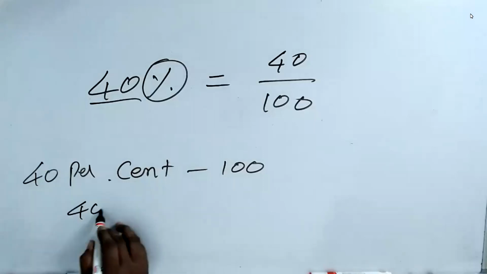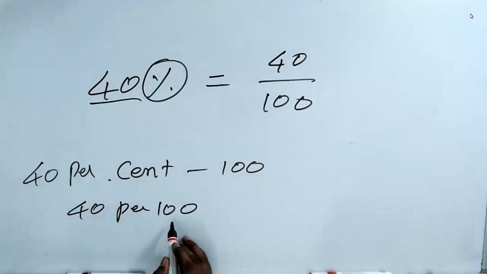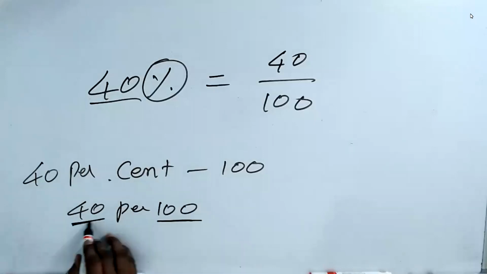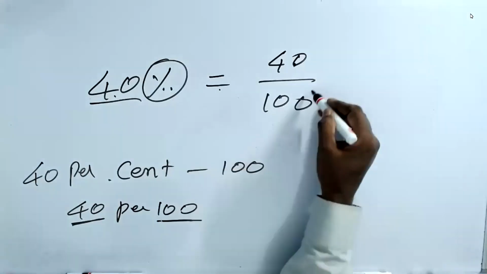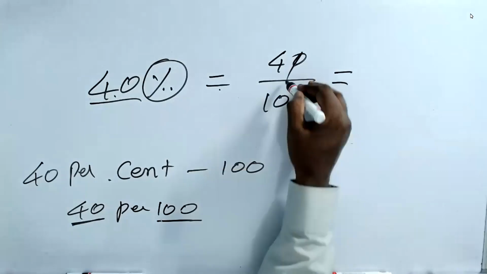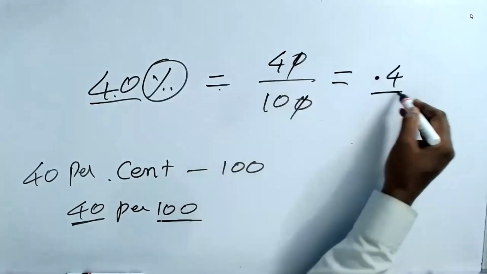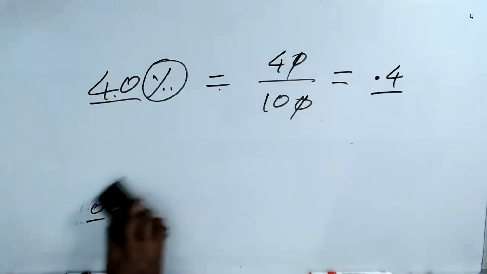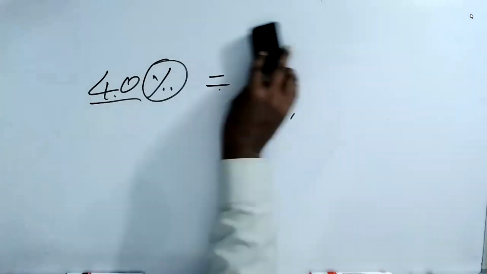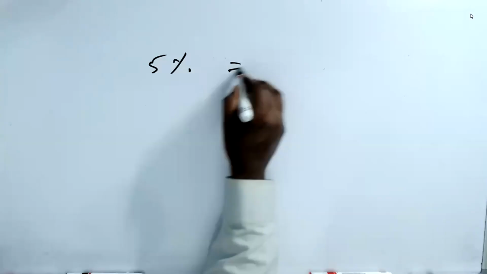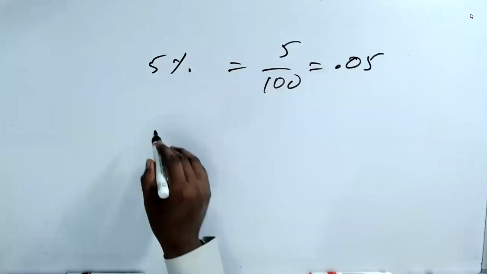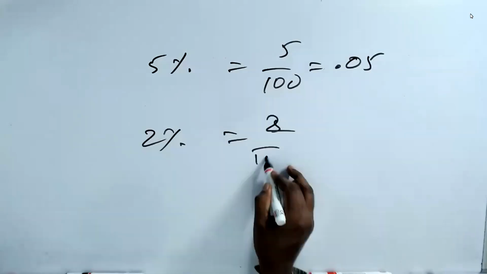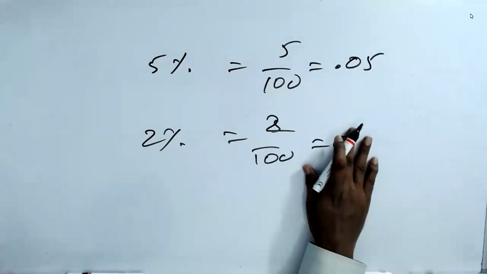That means out of 100 items, I'm taking 40 items. So 40% is equal to 40 by 100, equal to 0.4. Understand? If I say 5%, it means 5 by 100, which is 0.05. If I say 2%, it means 2 by 100, which is 0.02. You have to be very clear on that.